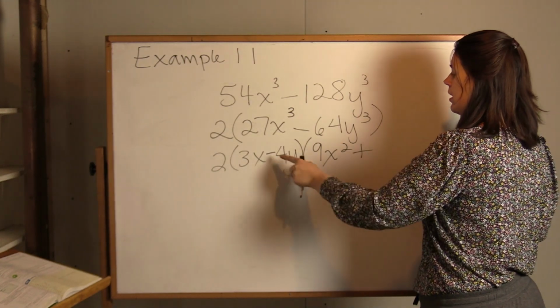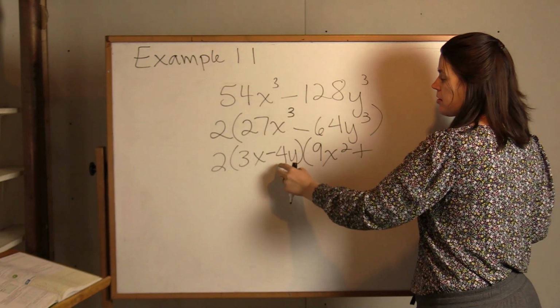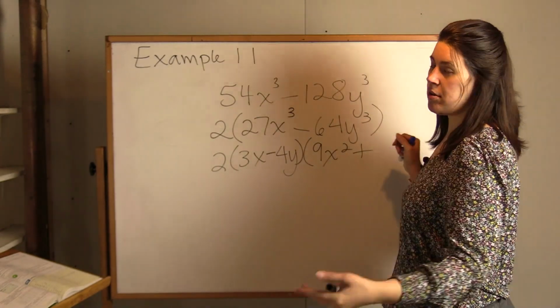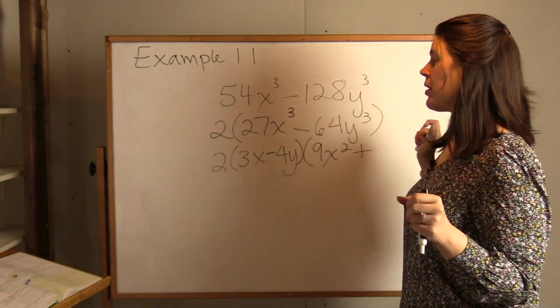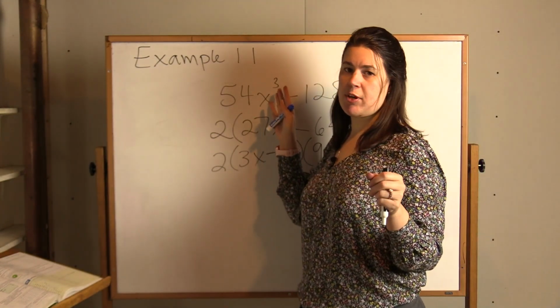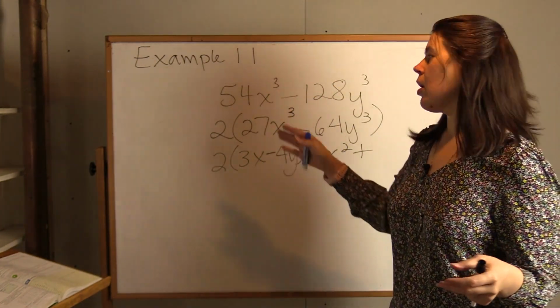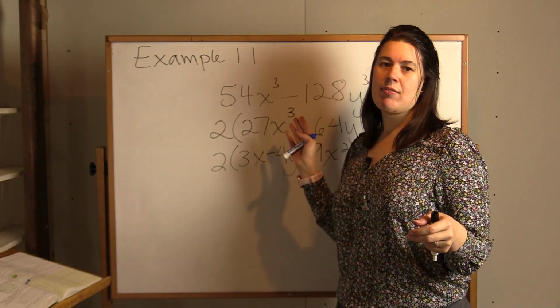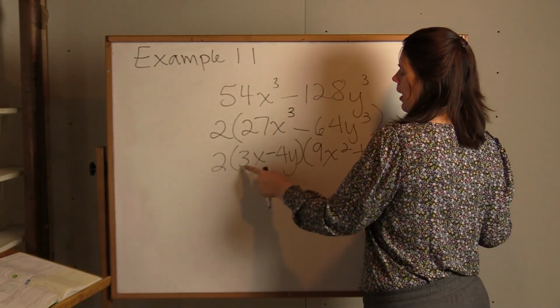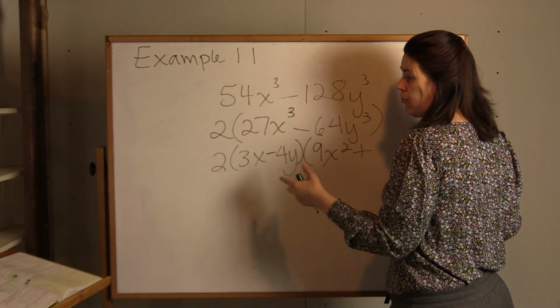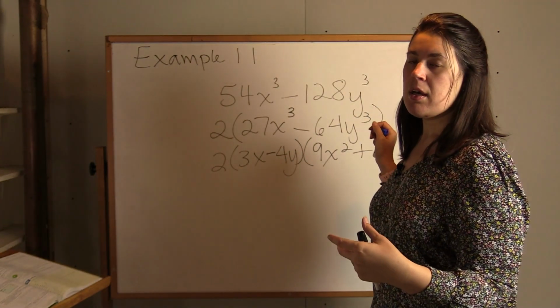Okay, so the second one is the two terms multiplied, so 4y times 3x, or you could also say 3x times 4y. In this case, the thing that really makes this problem different is that they both have a coefficient and they both have a variable in both terms.